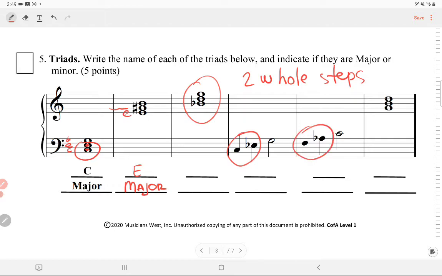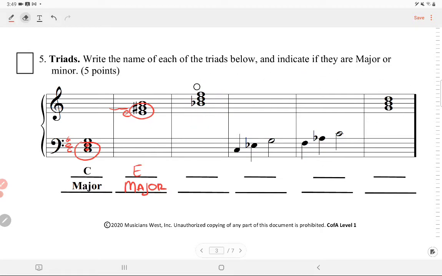In this case, it's this one, this one, this one, this one, okay. So hopefully that makes sense. Let me erase this part so it's not mixing you up a little bit, okay? Let's keep going.